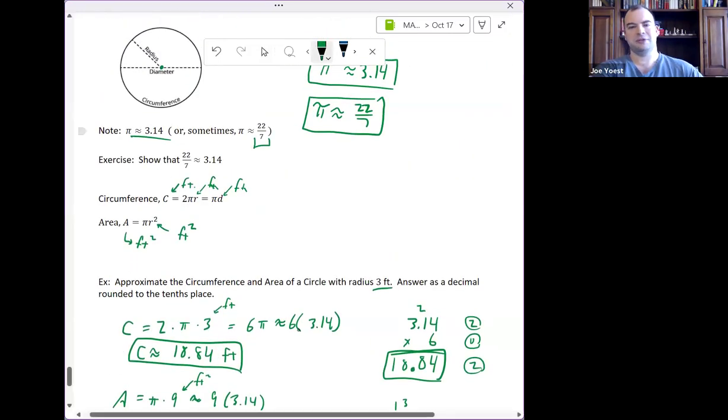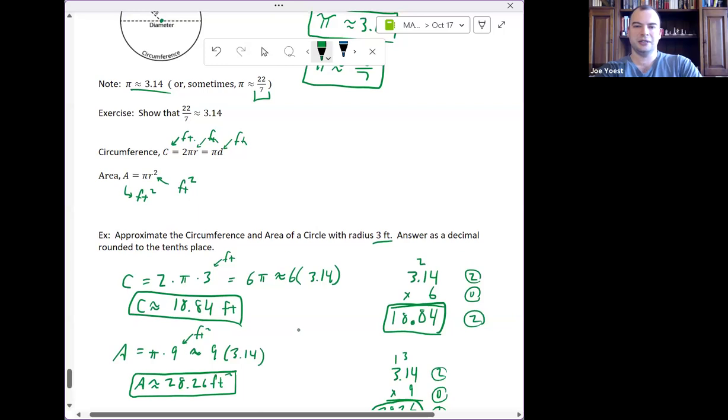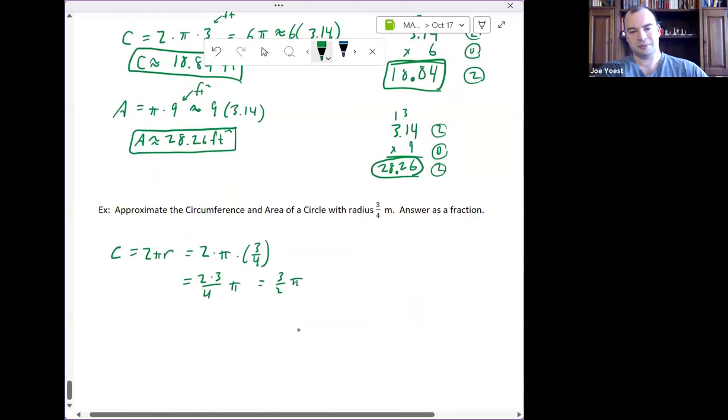But I can approximate it by the fraction 22/7. If I want to stay in fractions, I use the fraction approximation for pi. If I want to be in decimals, I use the decimal approximation for pi. So I want to stay in fractions here. I'll approximate pi as 22/7. I see I can divide out a 2.